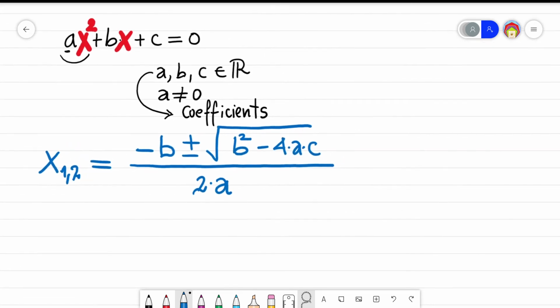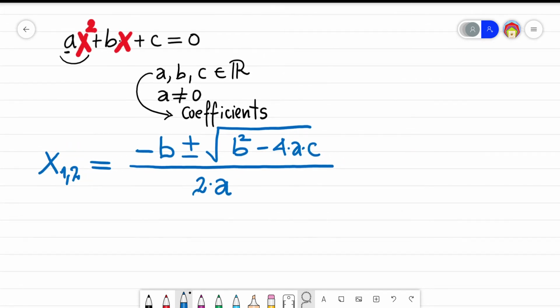This formula is actually called the discriminant formula, because all the value underneath the square root has got the name of discriminant. Quite a horrible one, but you just become familiar with it.